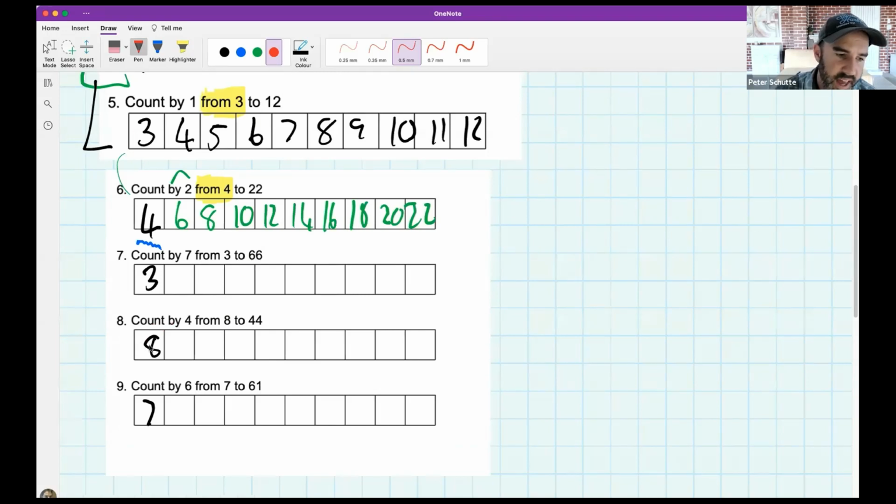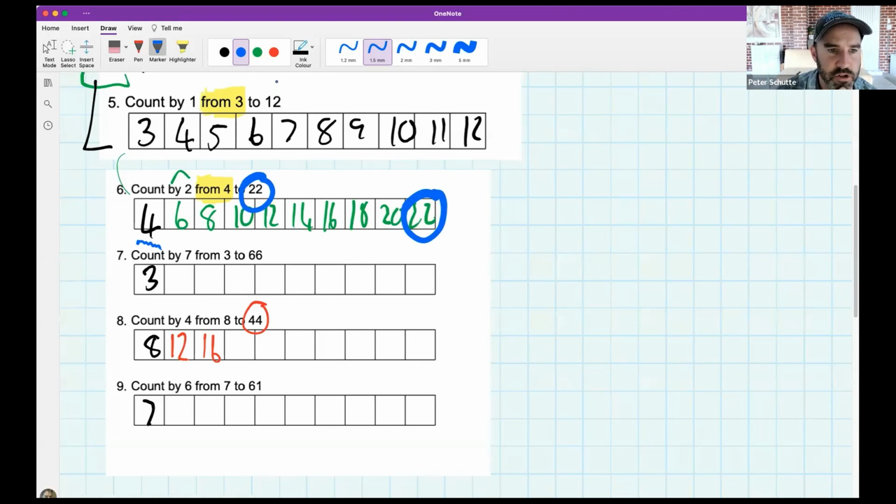So if I go 8 and I add 4, I get 12. And then I add 4 more and I get 16. So we're essentially counting in 4s until I get to 44. Yes. So you'll notice in all these questions, we're counting up to that number at the end. Thanks, sir. Okay. Pleasure.